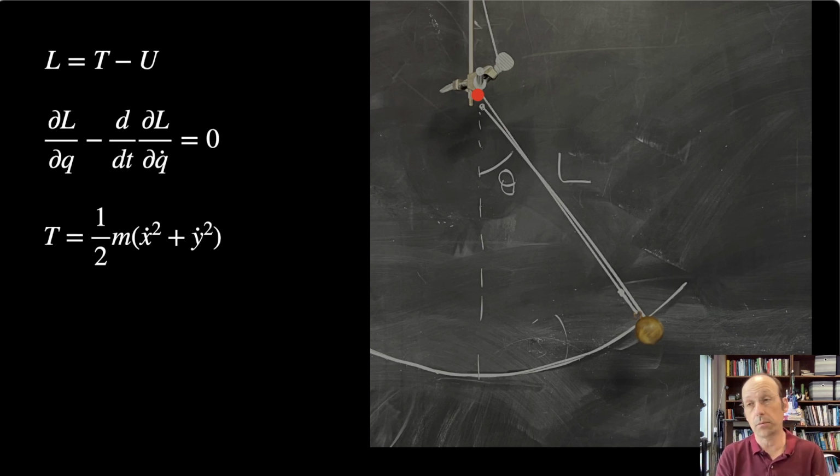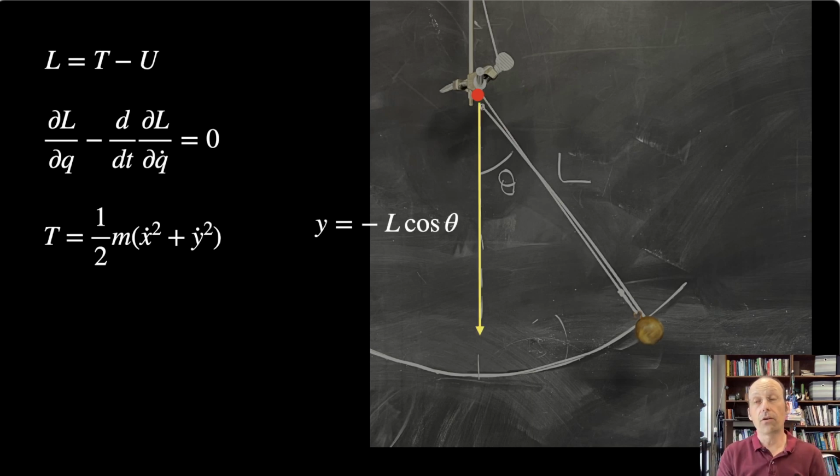So x dot squared plus y dot squared. And that's important, right? Because Cartesian coordinates are simple and they're orthogonal and they're easy to write kinetic energy in. And if I can write x and y in terms of theta, then I can find these x dot and y dot derivatives and get it in terms of theta.